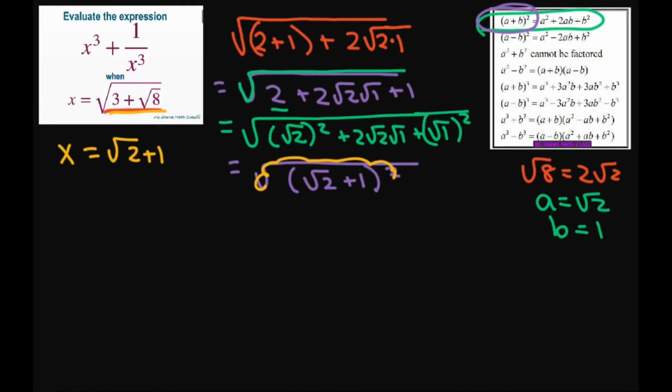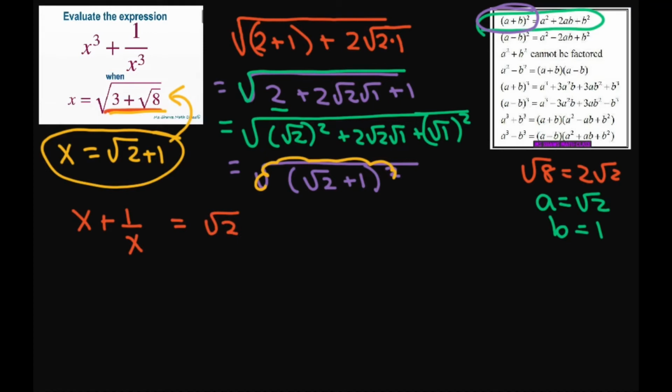All right. So that's what we're going to use instead of this one. All right, now we know that, let's do x plus 1 divided by x. So that's going to be square root of 2 plus 1 plus 1 divided by square root of 2 plus 1.